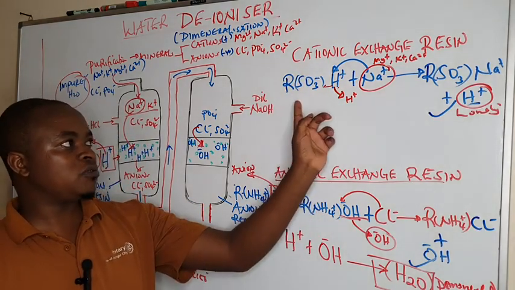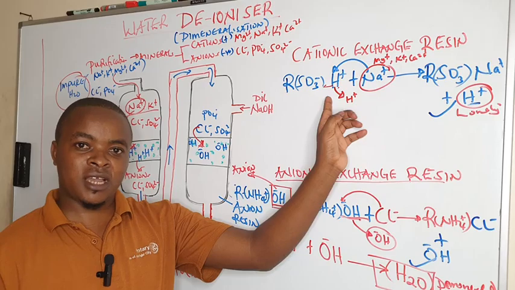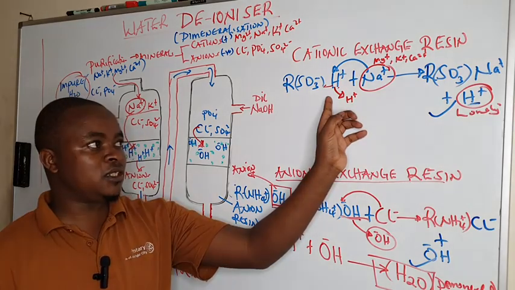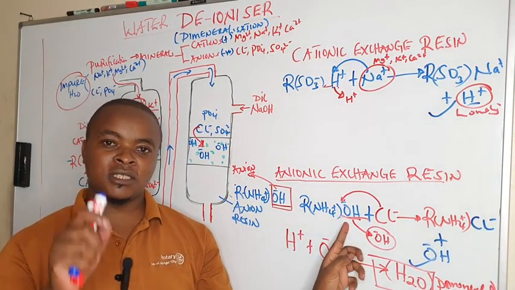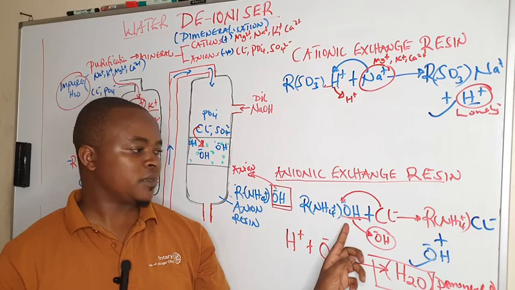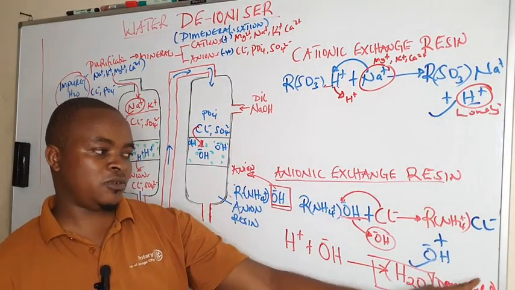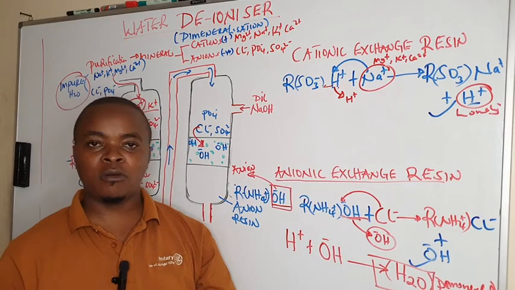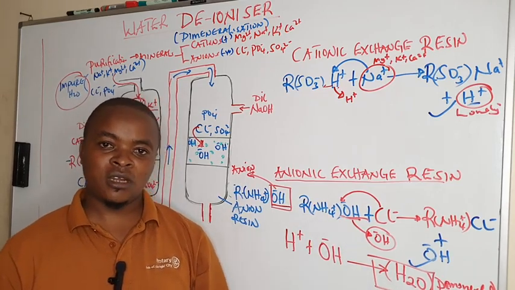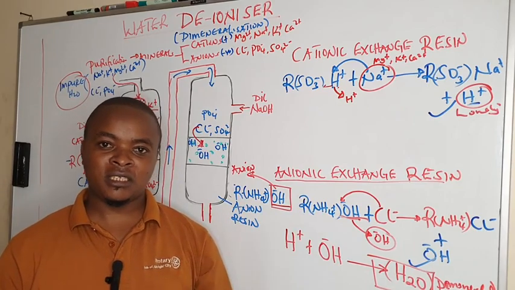That's how the cation is displacing hydrogen, because hydrogen ion is the least in reactivity series. And the hydroxyl group is displaced because it's the least among the anions in reactivity series. In the end, they displace hydrogen and hydroxyl group, and when they combine, we form deionized water, which we can now use in the laboratory to do different activities.